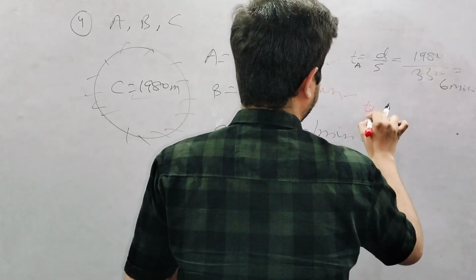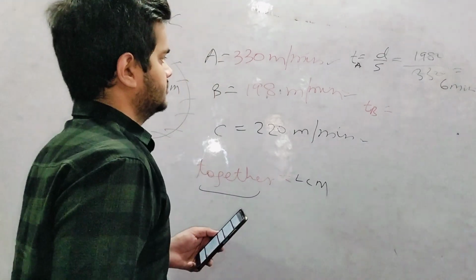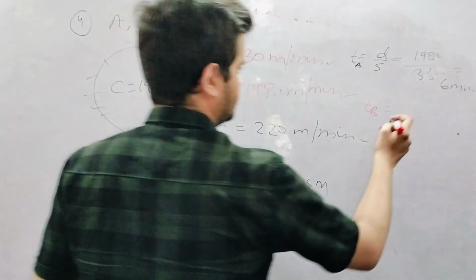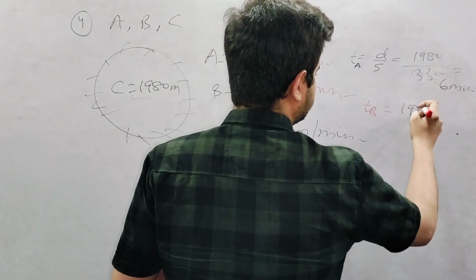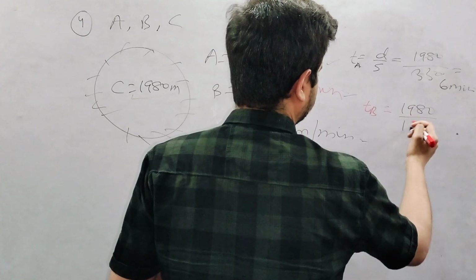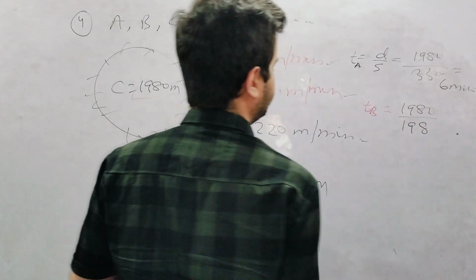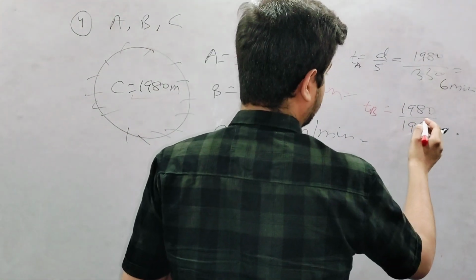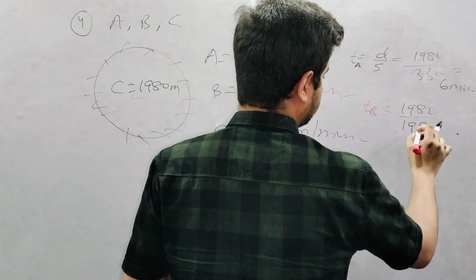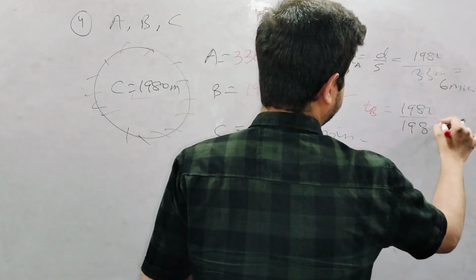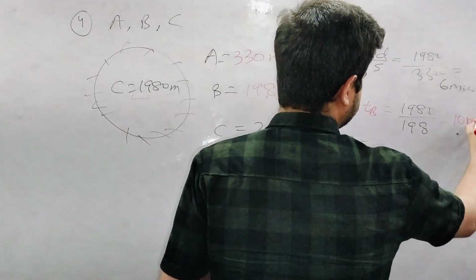Now speed of B, time of B is 1980 upon 198, which is its speed. So this comes out to be 10 minutes.